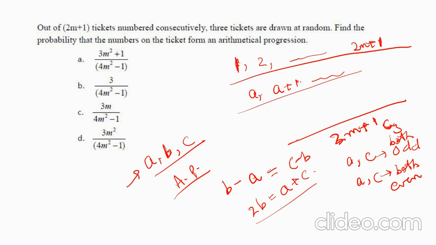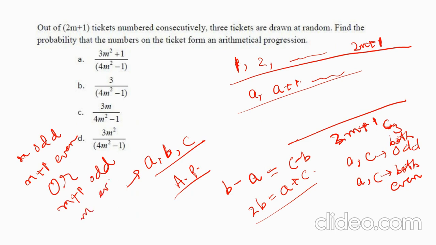Now we have 2m plus 1 tickets, and these numbers are consecutively written. So either we have m odds and m plus 1 evens, or m plus 1 odds and m evens.